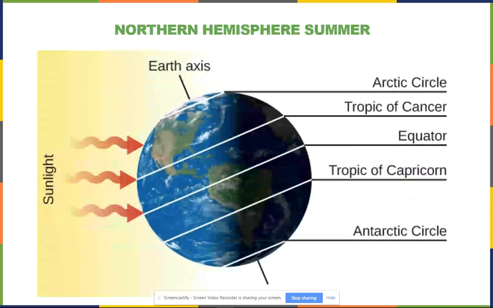So these pictures illustrate what I just did. Let's talk about that a little bit. Here's a nice picture. I have two of these pictures, one for Northern Hemisphere summer, one for Northern Hemisphere winter. Note here that this is the second one we did, where the sun for us is going to be only about 16.5 degrees from overhead.